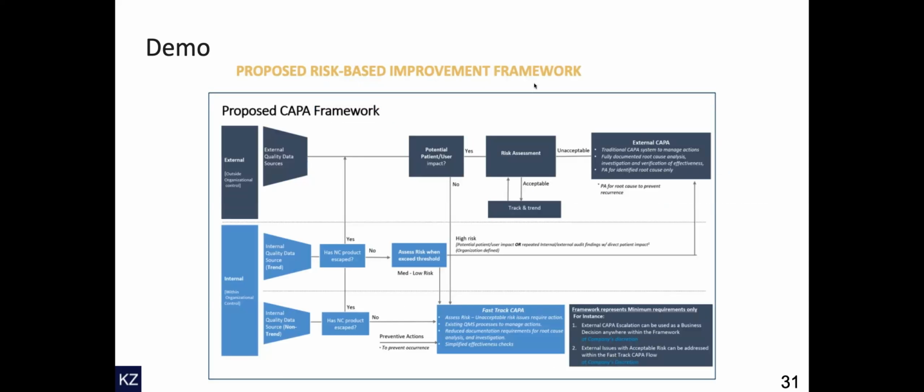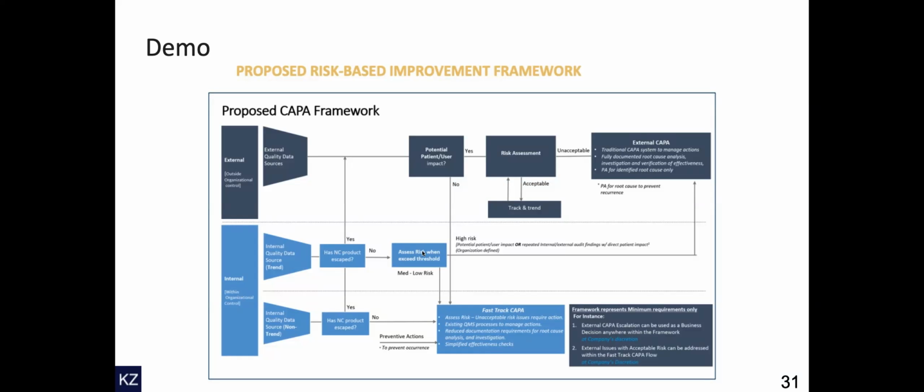So what we have done is taken up the proposed risk-based improvement framework. So the industry consortium that did the case study said, hey, we should move in the direction of having a risk-based CAPA process where we can categorize them as external CAPA, where issues are outside of the organizational control, and an internal CAPA, where everything to be addressed is within the organizational control.